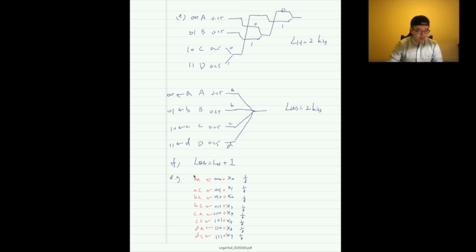So maybe let's write it down here. So what we would like to do is as follows. We append at most 1 bit. In general, some of the lengths of the code words may be odd, it may not be that all of them are odd. So we append at most 1 bit, such that they're all even. At most 1 bit, but it could be 0 or 1, doesn't matter, okay?